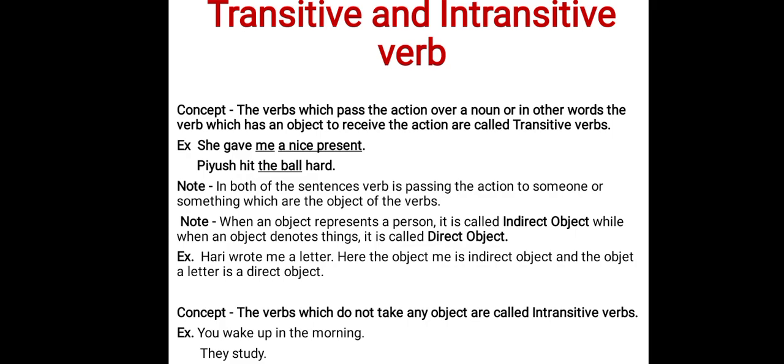Here gave is the action, and the action is passing over, transferring over to an object, which is a nice present, as well as me. Or in other words, a nice present or me is receiving the action.